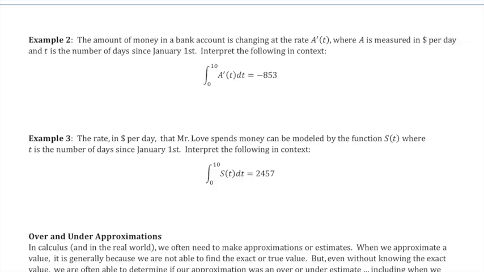When you make a debit payment or pull out cash, the value decreases. So we are adding and subtracting values. So this is going to be the net change. So it's the net change in amount of money in the bank account was negative $853 from t equals 0 to t equals 10 days after January 1st.